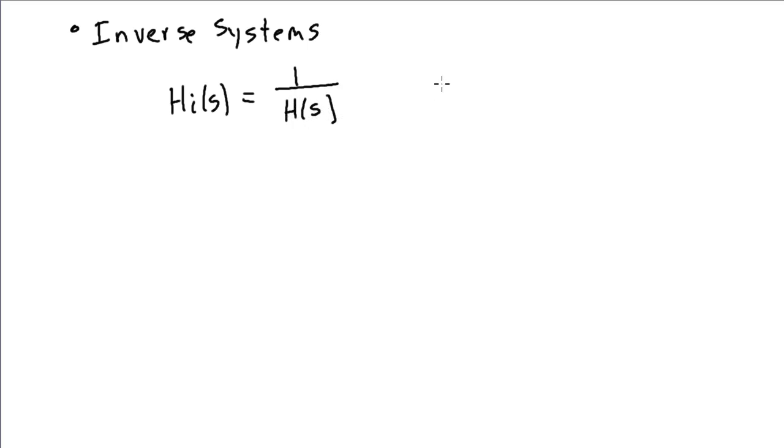So note that Hi(s) times H(s) is equal to 1. So the combined transfer function of the inverse system and our original system is 1. The corresponding inverse Laplace transform of 1 is just delta(t). That's our identity system has an impulse response of delta(t), the identity system being the system in which the output is equal to the input.